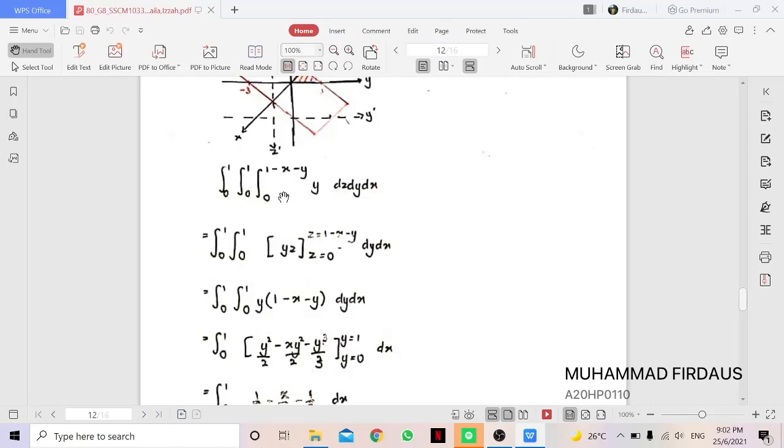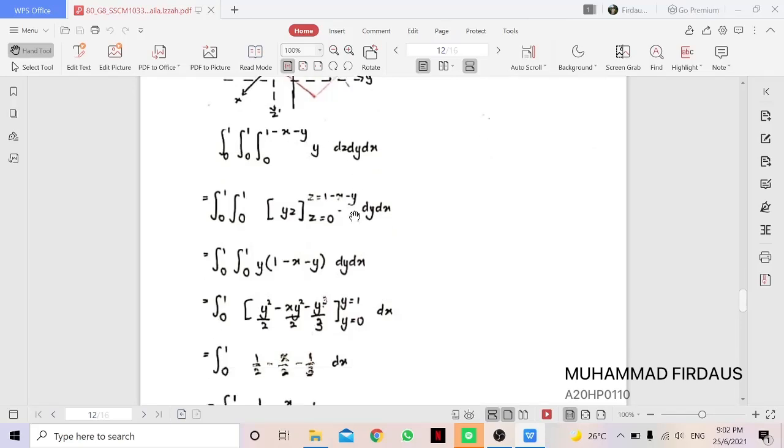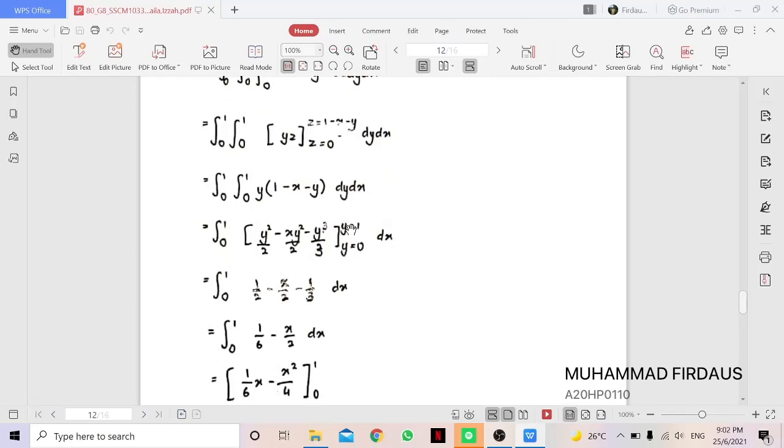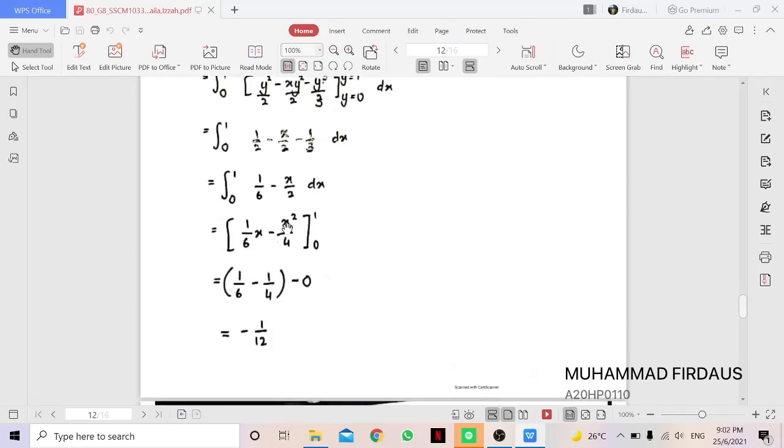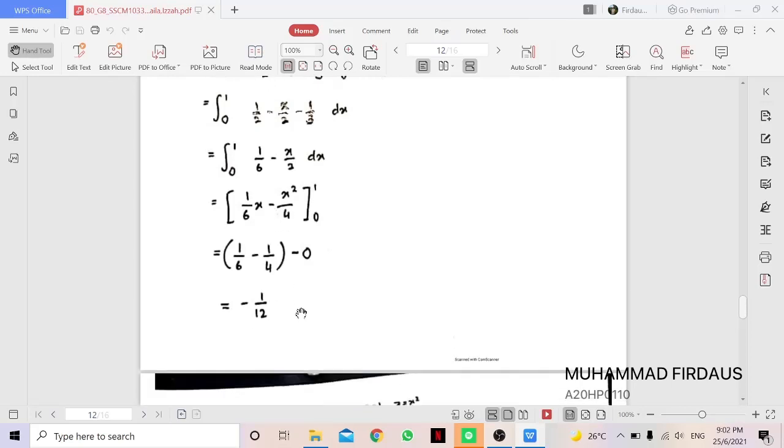So integrate with the limits 1 minus x minus y and 0 for dz, 1 and 0 for dy and dx. So integrate like we always did, and we get the final x over 6 minus x squared over 4 for the last integration with respect to dx, and we must add this value into the equation, and we get negative 1 over 12.